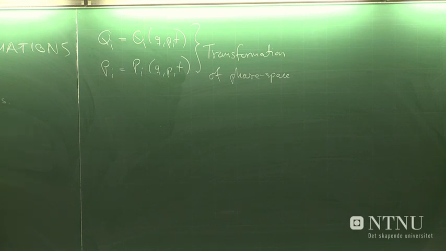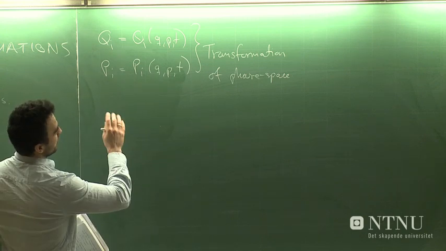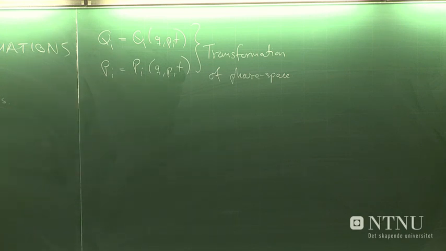Now, there are infinitely many choices of such transformations, but this type of transformation is called canonical if the following is satisfied.